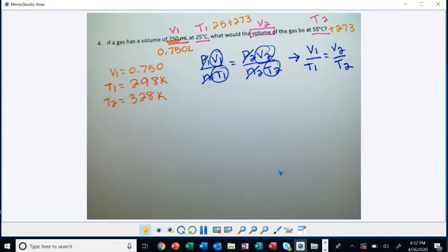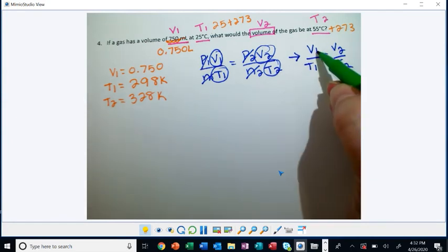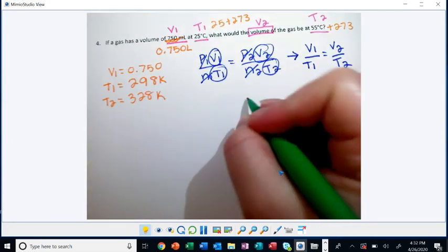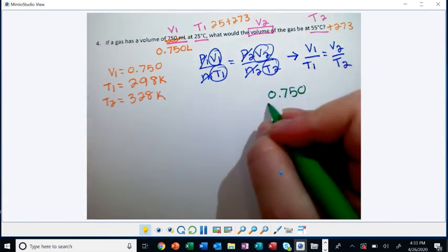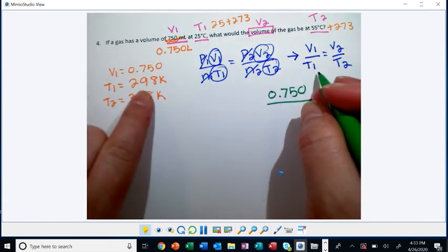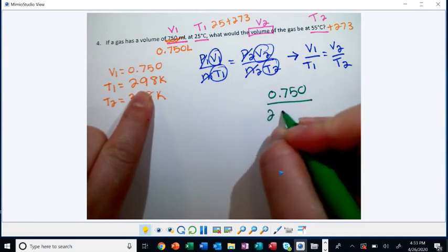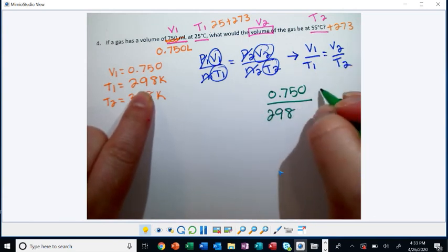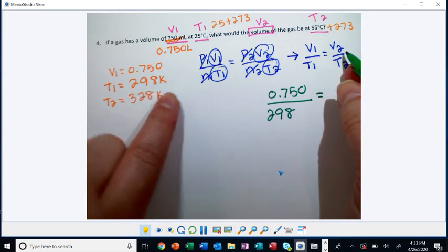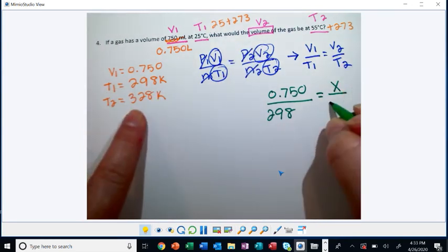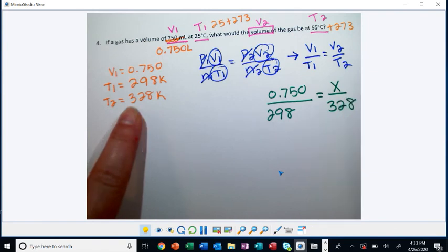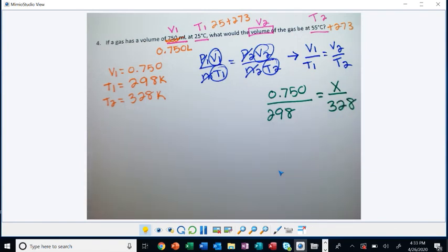All right. Now to plug in our numbers. In place of V1, we have the 0.750 over the T1, which was 298, equals my V2, which is what I'm looking for, X, over T2. All right.